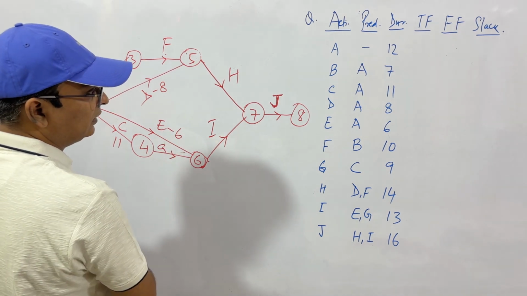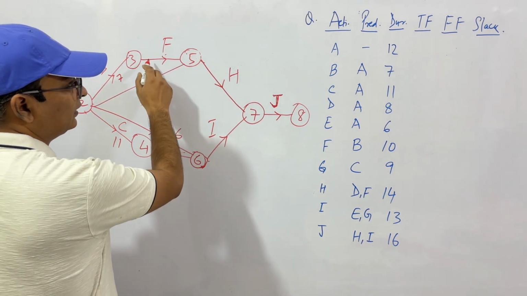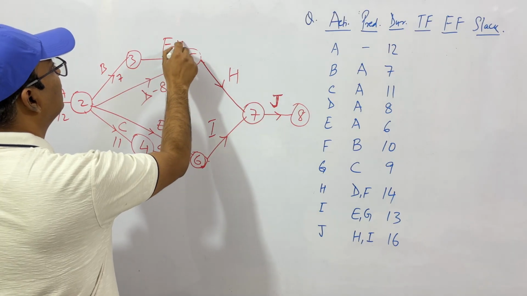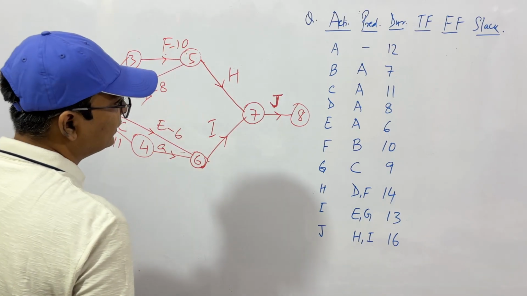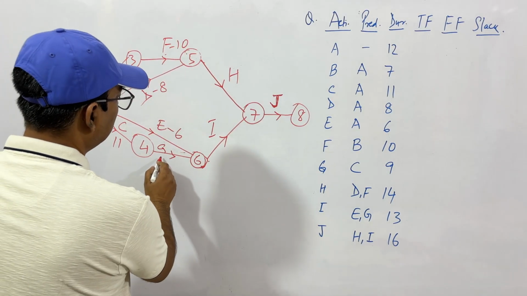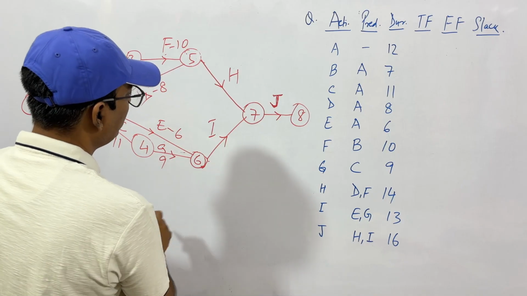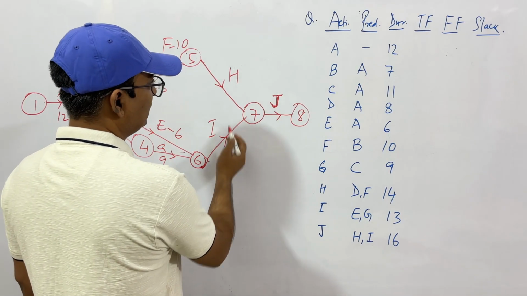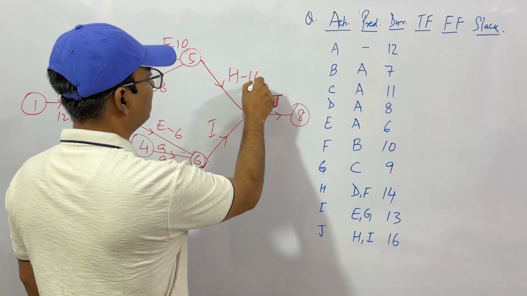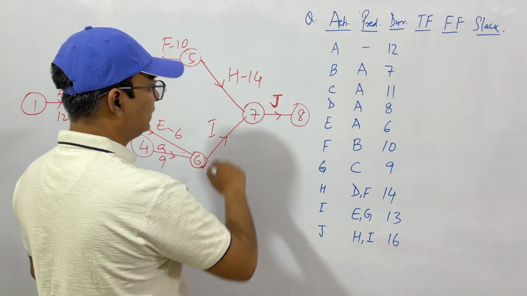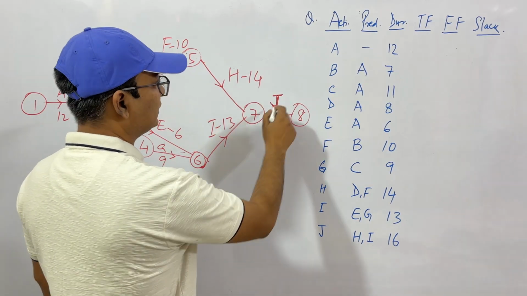F takes 10 weeks. Then G takes 9 weeks. Then H takes 14 weeks, I takes 13 weeks, and J takes 16 weeks.